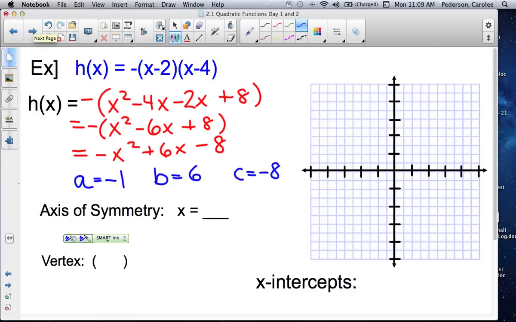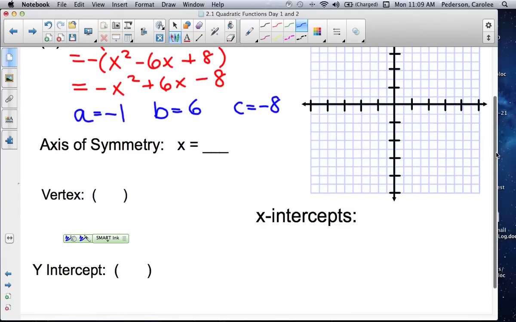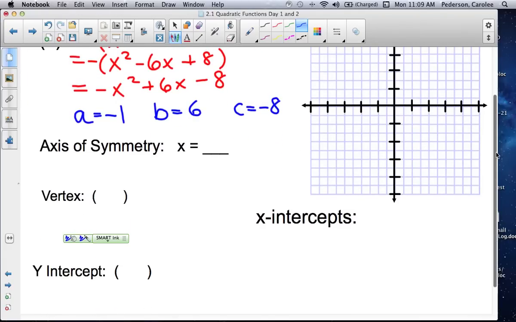All right, we're set to find the first thing, the axis of symmetry. Do you remember the formula for the axis of symmetry? That formula is x equals negative b over 2a.